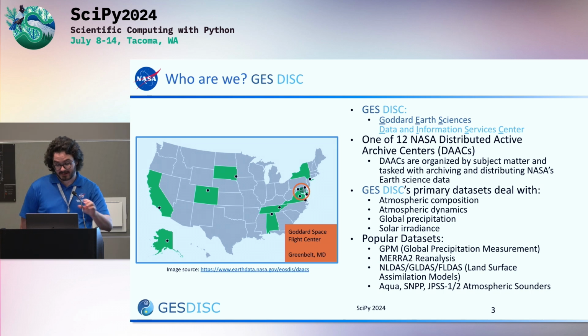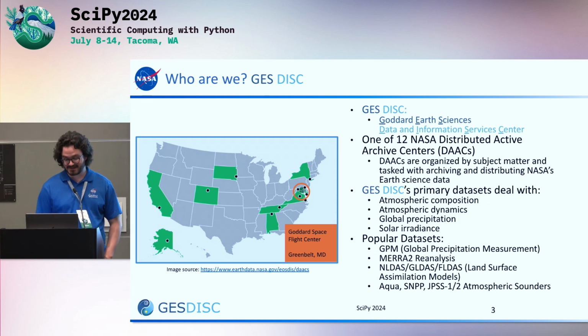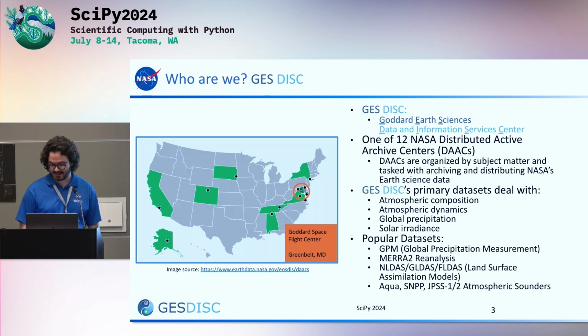Our data sets primarily deal with things like atmospheric composition and dynamics, global precipitation, solar radiance. You may know us from such popular data sets as the Global Precipitation Measurement constellation of satellites, MERRA-2 reanalysis, the NLDAS, GLDAS, FLDAS Surface Model Suite, and Aqua, SNPP, and JPSS 1 and 2 atmospheric sounders.